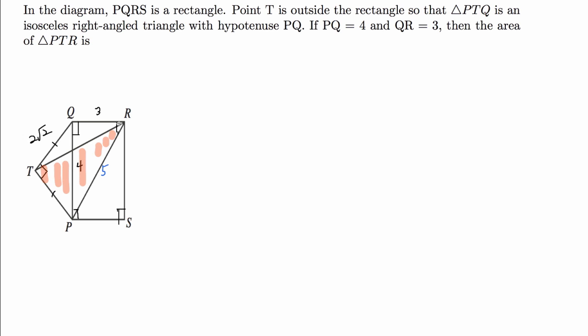Okay, so the general approach here would be to find these two triangles separately, the entire thing, and subtract some of these parts. What I'm going to do is, for this question, find these two triangles' areas separately.